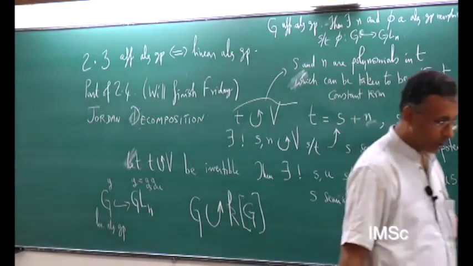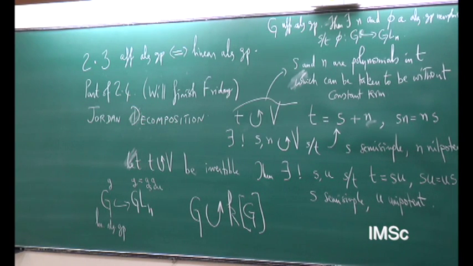I have already started talking about representations, but we have not formally defined the word representation, right? We have defined what it means to be a G-variety, correct? So what is a representation?